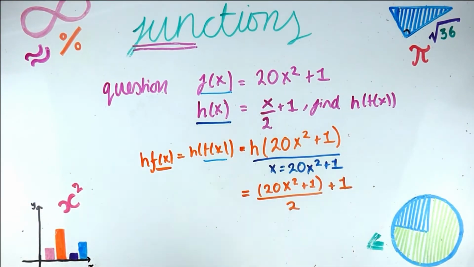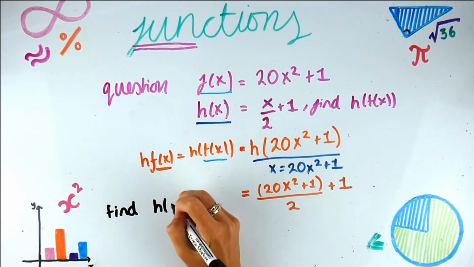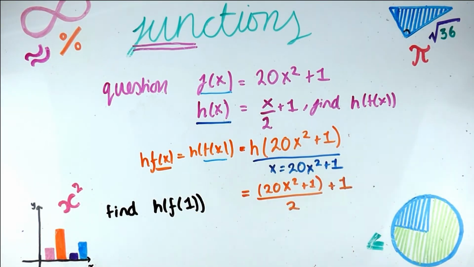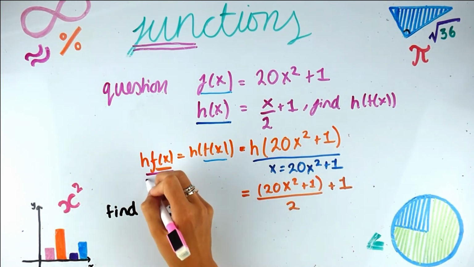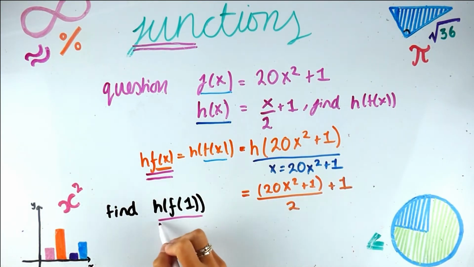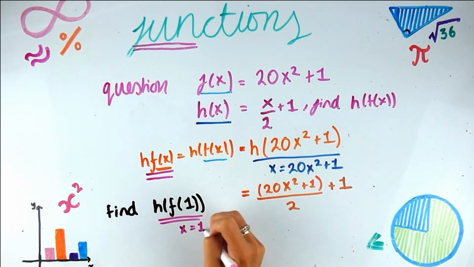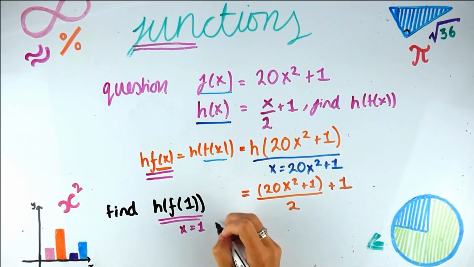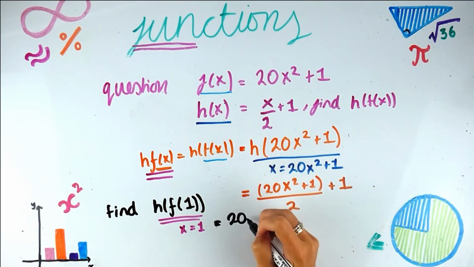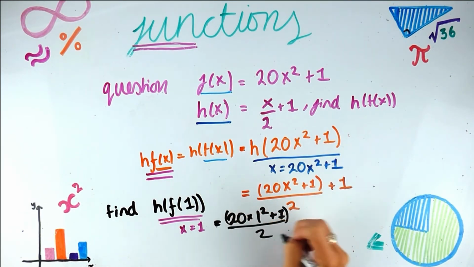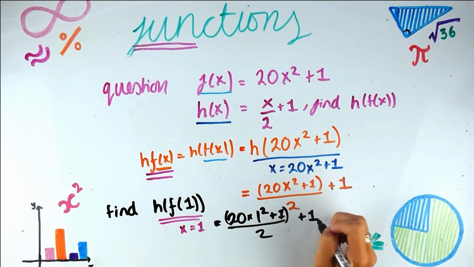Okay, and now if I wanted to find h of f of 1, I found h of f, so now I need h of f of 1, so I'm going to put 1 in, so instead of x I've got x equals 1, so let's put 1 into this equation here, so we have 20 times 1 squared plus 1 divided by 2 all plus 1.